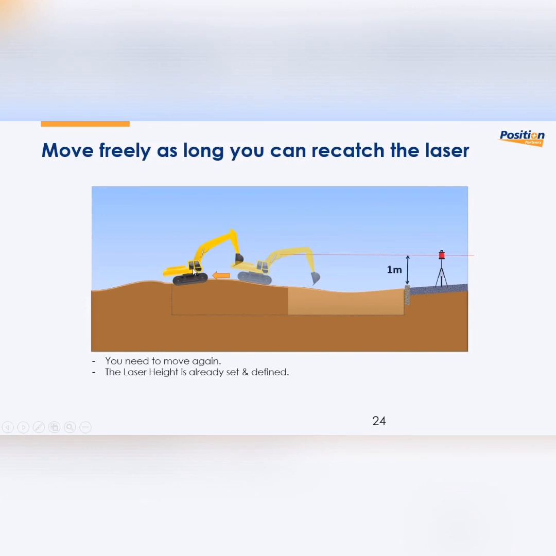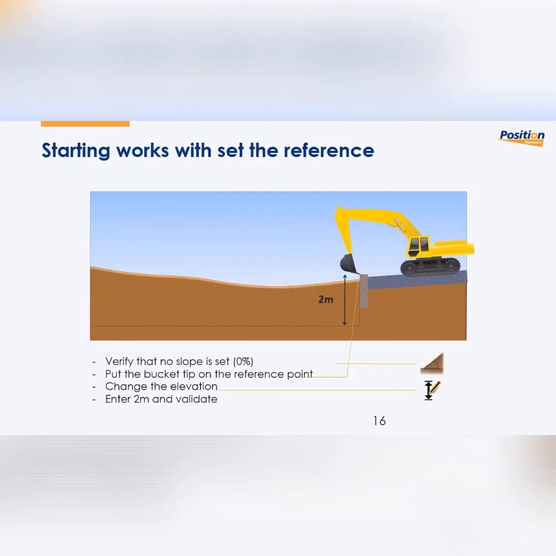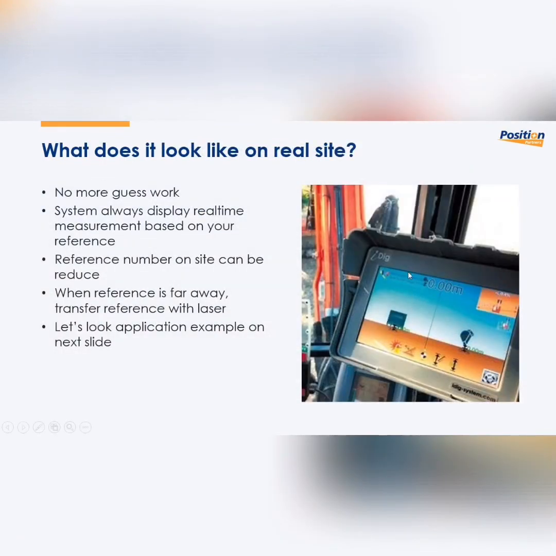Once we catch that, and a green tick appears, we can continue digging. As long as we don't move the track, we can continue digging. Once we move the track again, please re-catch the laser, and then we can go straight away to digging without needing to refer to the physical point or refer to the natural grade.